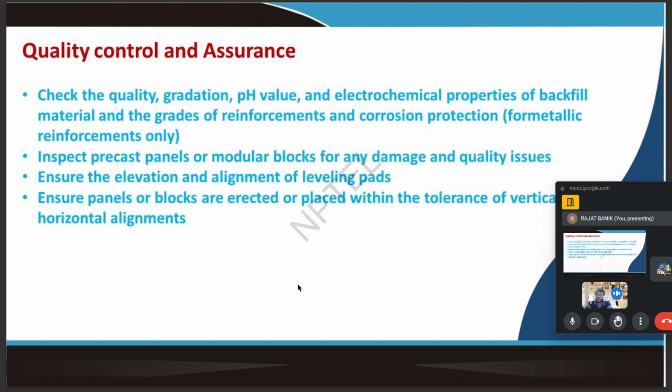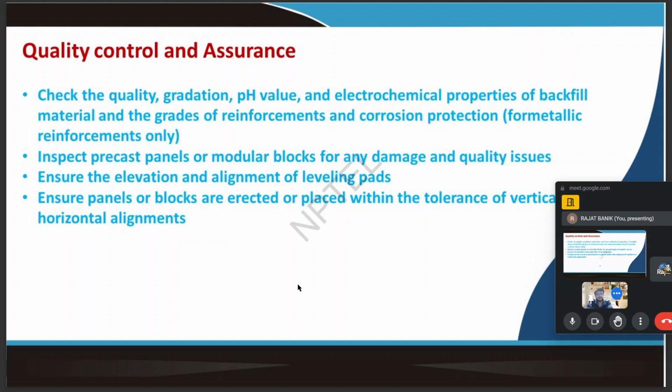In quality control and assurance, we need to check the quality, gradation, pH value, and electrochemical properties of the backfill material, and the grades of the reinforcement and corrosion protection for metallic reinforcement only.